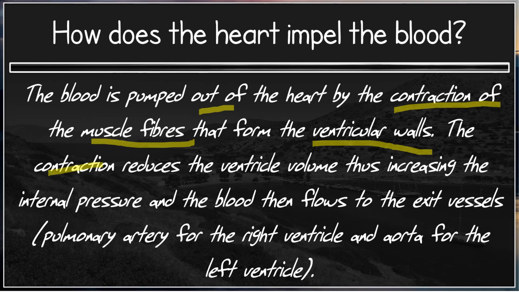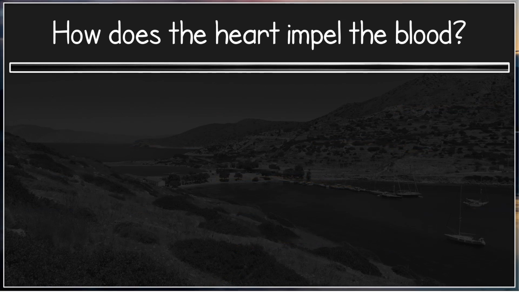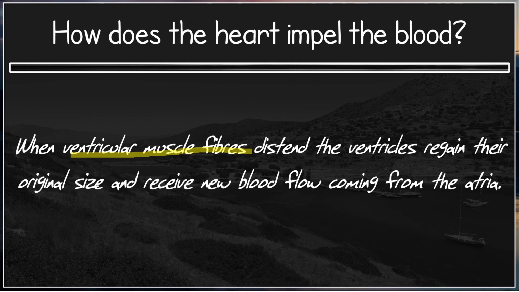The contraction reduces the ventricle volume, thus increasing the internal pressure, and the blood then flows to exit the vessels: the pulmonary artery for the right ventricle, and the aorta for the left ventricle. When the ventricle muscle fibers distend, the ventricle regains its original size and receives new blood flowing from the atria.